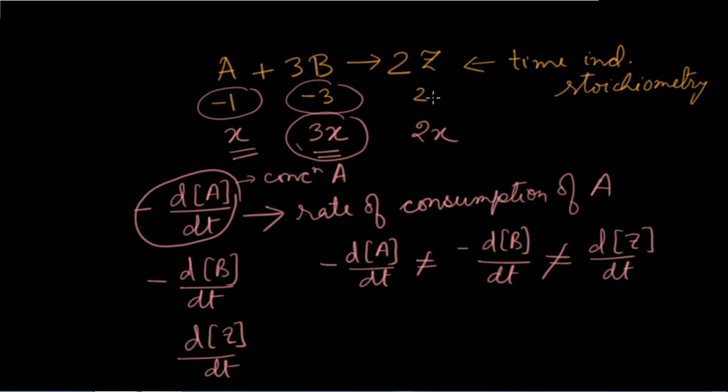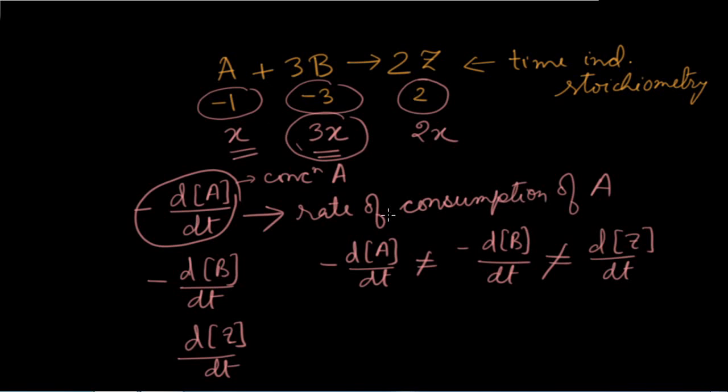Similarly, the rate of consumption of A is not equal to the rate of formation of Z. While X amount of A is being consumed, 2X amount of Z is being formed. That means the rate of formation of Z is 2 times faster than A. Why 2 times? Again, because the absolute value of the stoichiometric coefficient of Z is 2 times the absolute value of the stoichiometric coefficient of A, right?